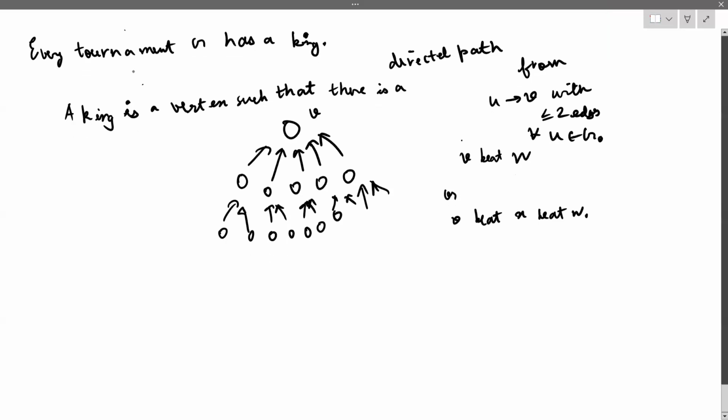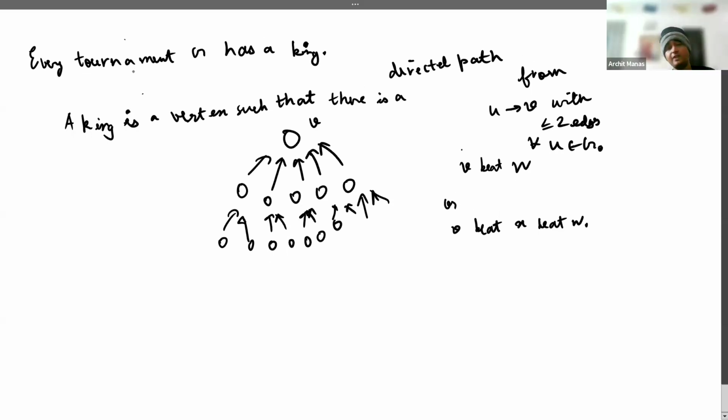And we're trying to prove that every tournament has a king. This is a very interesting result. It's sort of telling you that in tournaments every vertex can reach some specific special vertex very quickly.